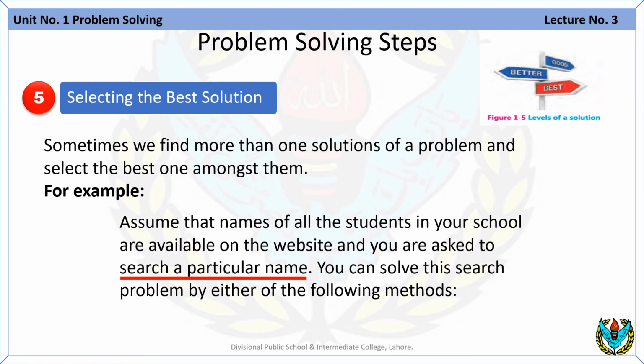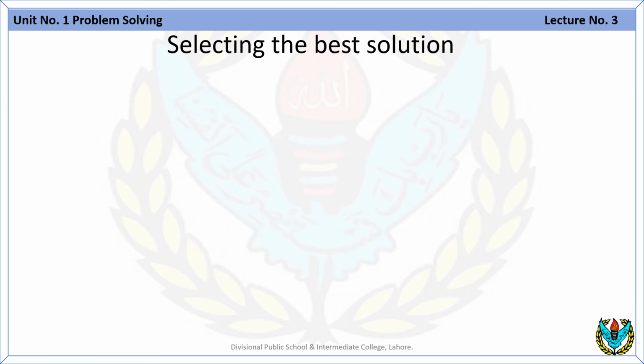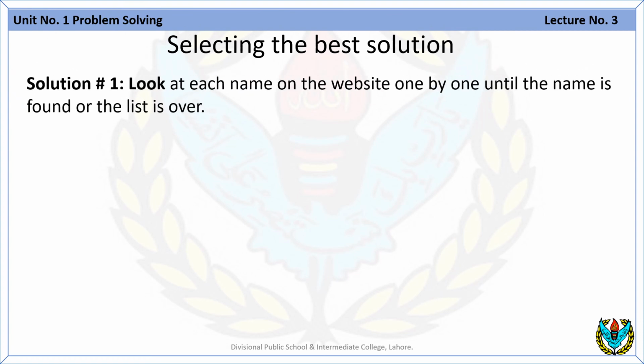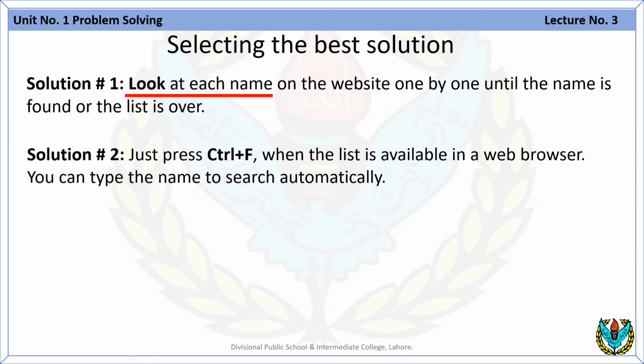You can solve this search problem by either of the following methods. First solution is to look at each name on the website one by one until the name is found or the list is over. Second is to just press Ctrl F when the list is available in a web browser.